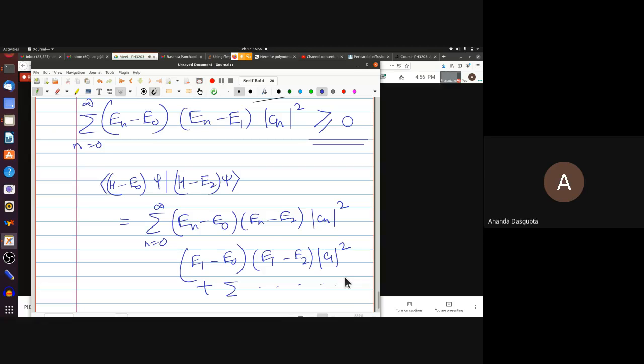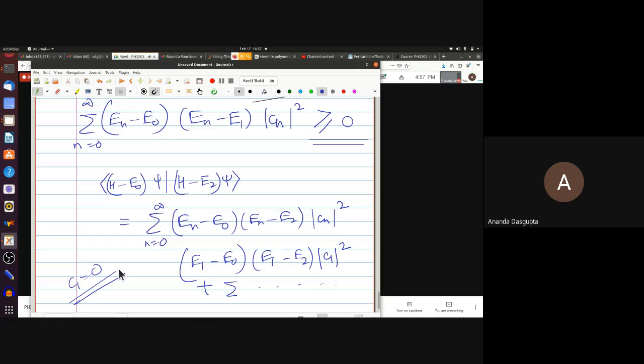The n equal to 0 term is not there, the n equal to 2 term is not there. They're both 0 anyway. And n equal to 3, 4, 5, all these terms are positive. So even this term is not guaranteed to be positive always, but the whole sum is guaranteed to be positive in one situation. When is it guaranteed? This whole sum, not this term, but the whole sum. When C1 is 0. When C1 is 0, exactly.